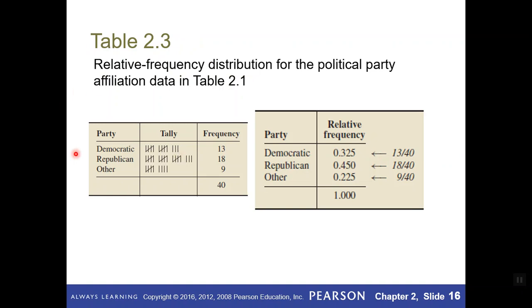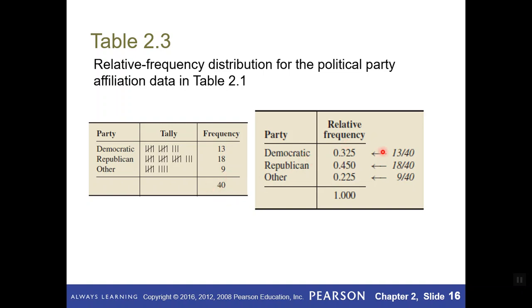In this one, you have seen this a few pages before. This is your frequency distribution. See, Democratic 13, Republican 18, others 9. Altogether you have 40 observations. Now, when you convert that into a relative frequency, what you have to do is divide each frequency by the total number of observations. Here the total number of observations is 40.